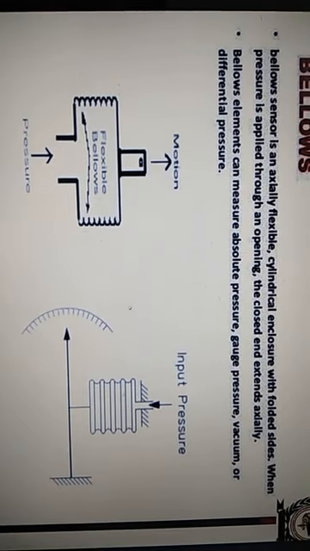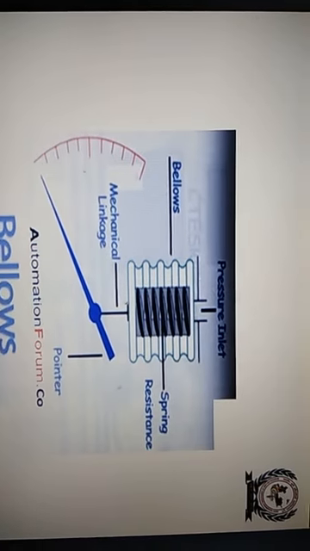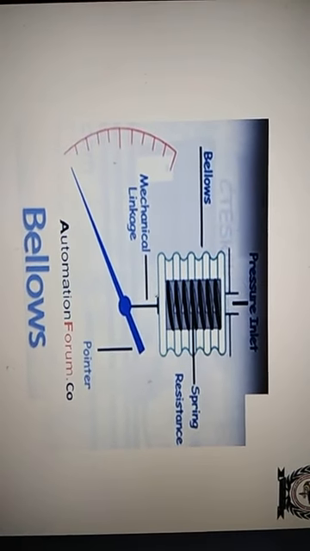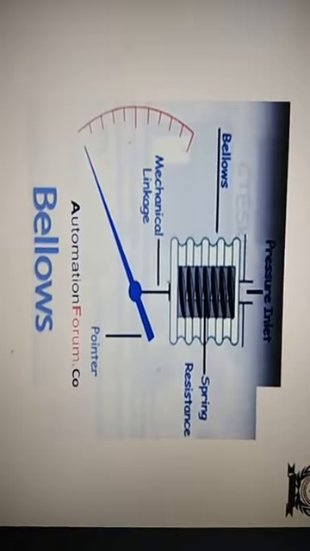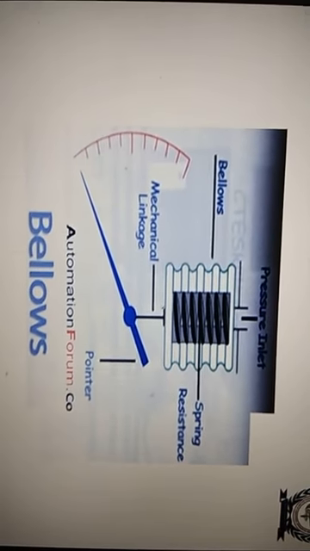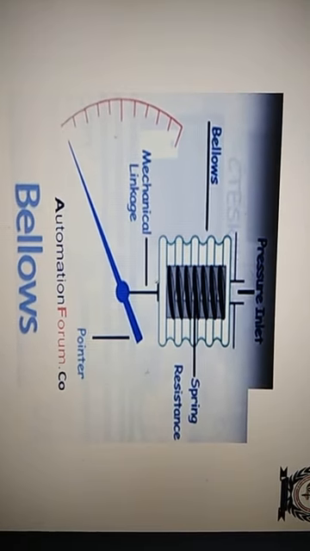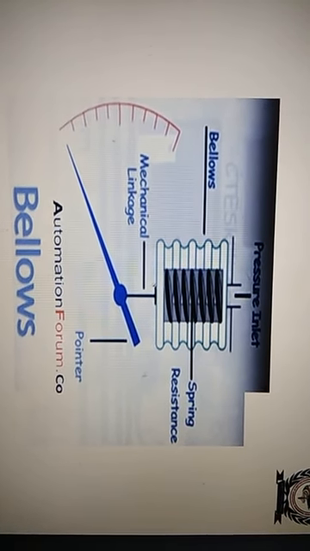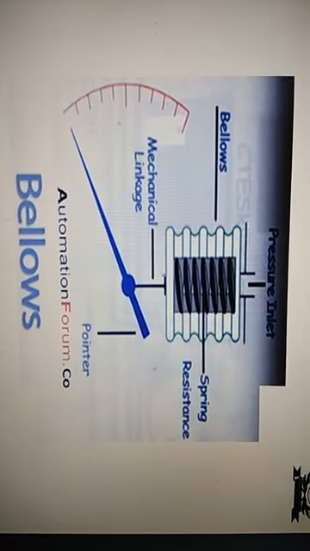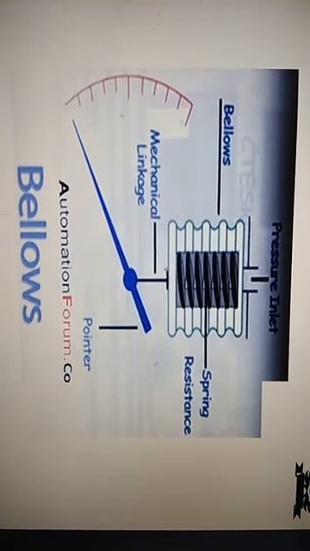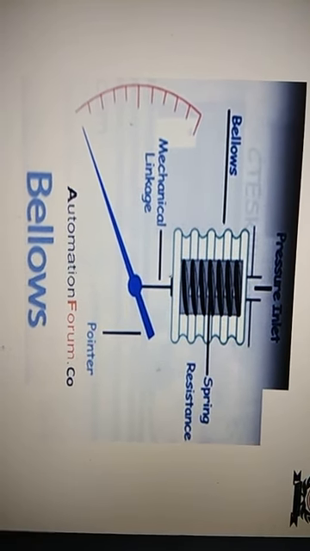Here the operation is given for the bellows with the input pressure, and this is the typical diagram of the bellows which we have seen, consisting of pressure input, bellows, spring inside the bellows, and mechanical linkage for the movement of the needle pointer.